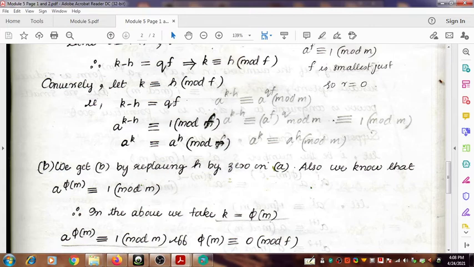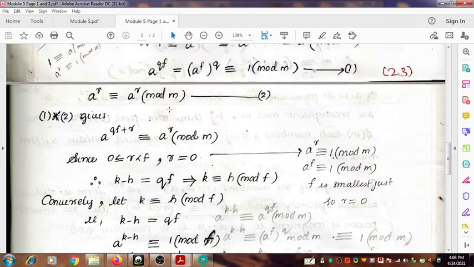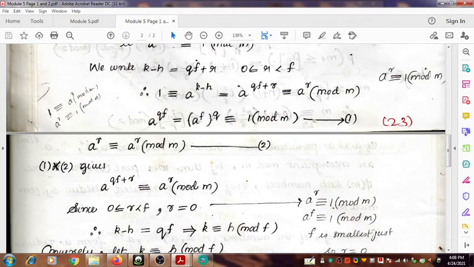Because you can write A raised to QF, and A raised to QF can be written as A raised to F the whole raised to Q, and you have verified that this is congruent to 1 mod M. So using that statement 1, actually statement 1 can be used everywhere. It is derived from the definition of the exponent of the number A with respect to the given number M. So no problem, you can use this everywhere.